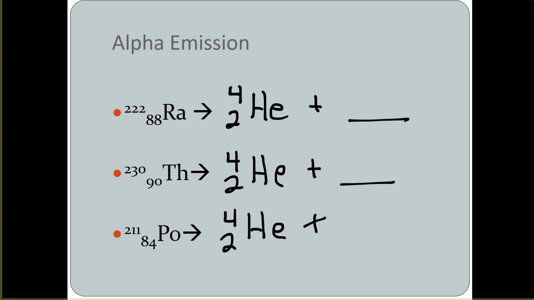Remember, the top and the bottom rows have to match. And use that bottom number and look in your periodic table and look up what the symbol of that element is. So go ahead and stop the video and see if you can figure out what the three leftover daughter nuclides are.